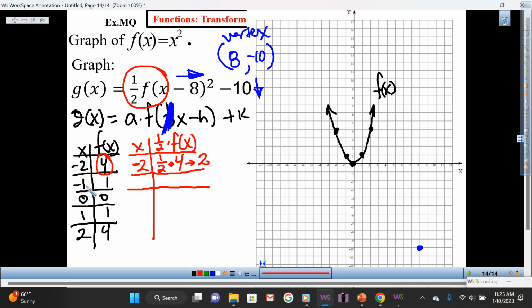Next, our next value is negative 1. We're going to multiply again 1/2 times f of X. What was f of X when X is negative 1? That was 1. So 1/2 times 1 is 1/2. Yeah, 0.5 or 1/2. 0 is always 0.